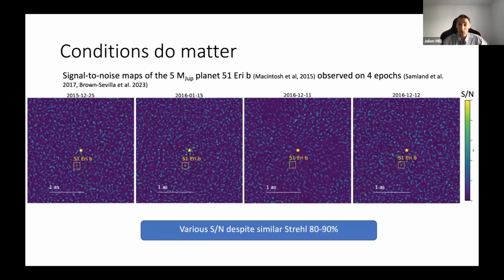The Strehl was almost always in the 80 to 90% range, so always good. But as you can see, in some cases we have a high signal-to-noise, like in the second image, and in the third image you see that the planet is actually not there. So 51 Eridani is really a challenging planet. It's relatively low mass, and really here you see that the conditions matter quite a lot, especially the coherence time.